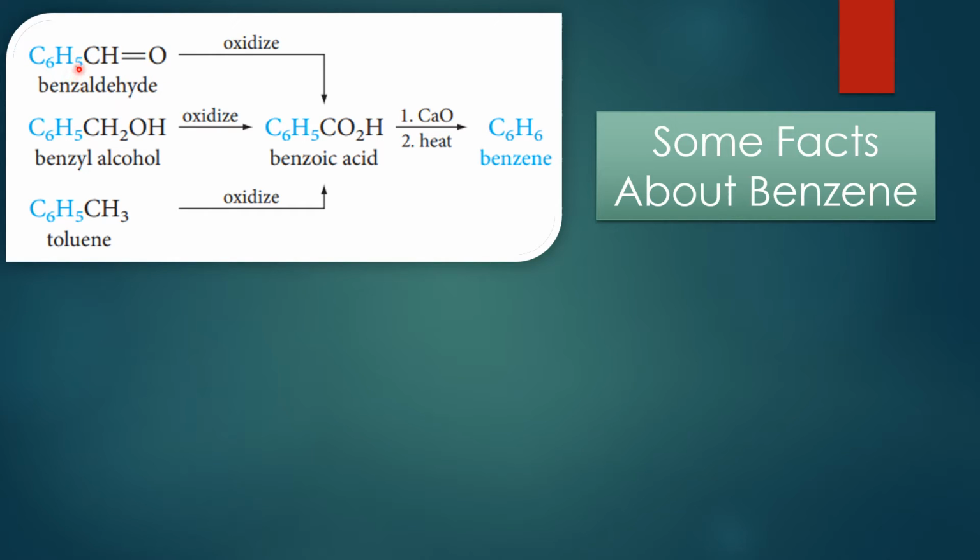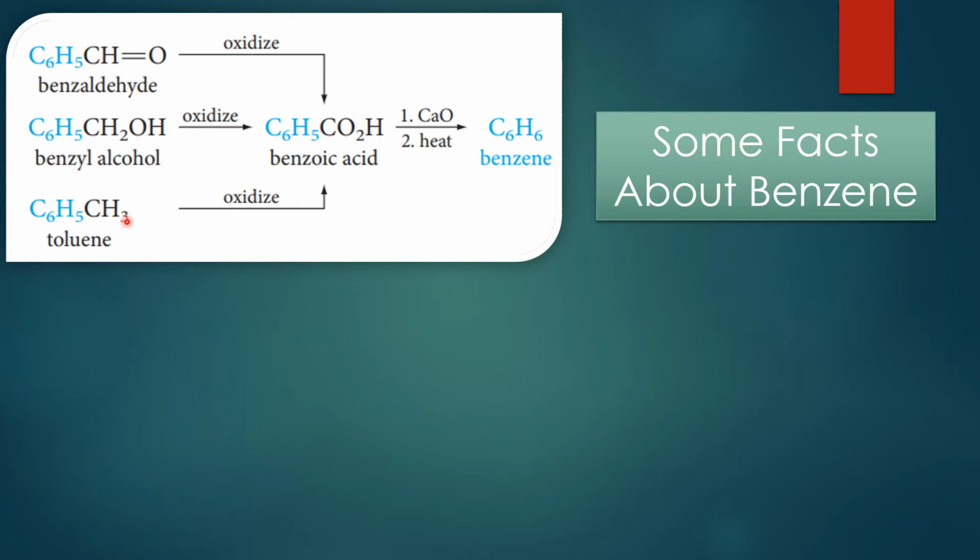benzaldehyde, isolated from the oil of bitter almonds; benzyl alcohol, isolated from gum benzoin, a balsam resin obtained from certain Southeast Asian trees; and toluene, a hydrocarbon isolated from tolu balsam.